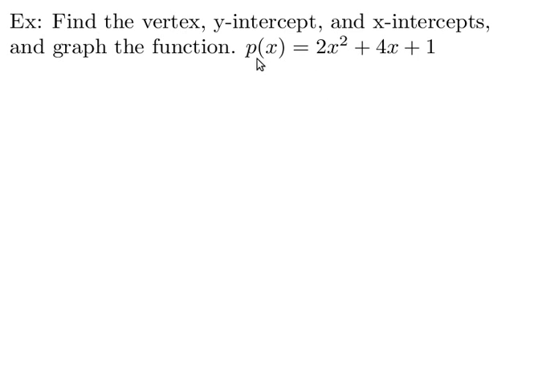Don't let the p instead of the f throw you. It means exactly the same thing. It just means that we're using p to represent the function instead of f. It still means that y equals all this stuff.